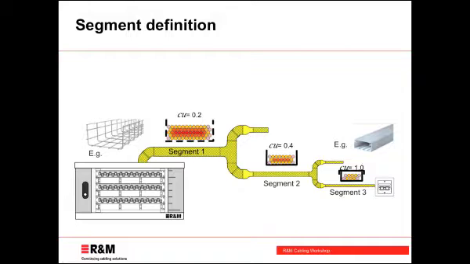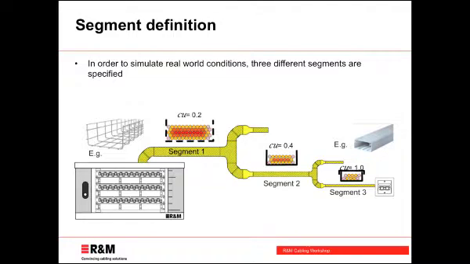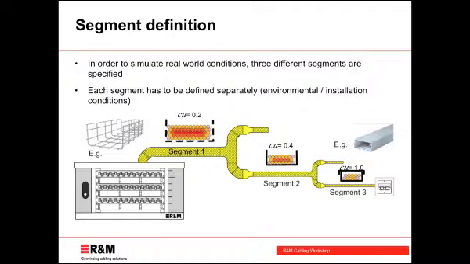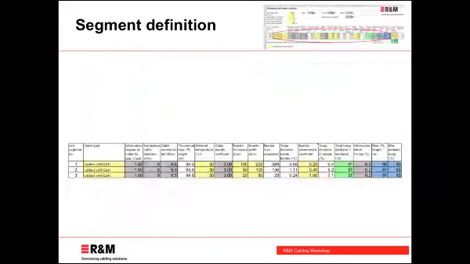So this is what you can use to simulate your installation. And of course you have to define each segment in the calculator individually. This is done here on the second part of this calculator, where we define the different segments.